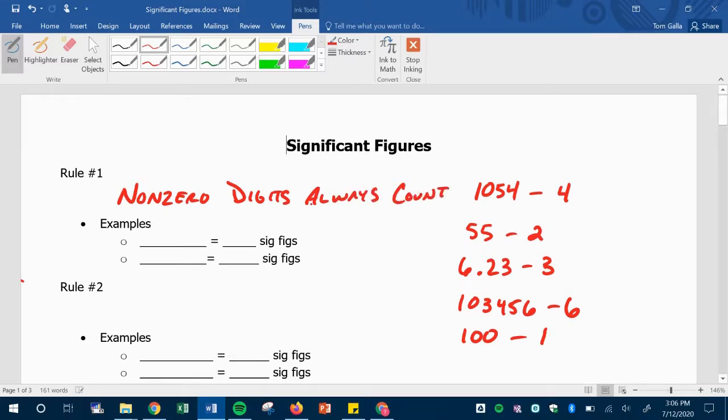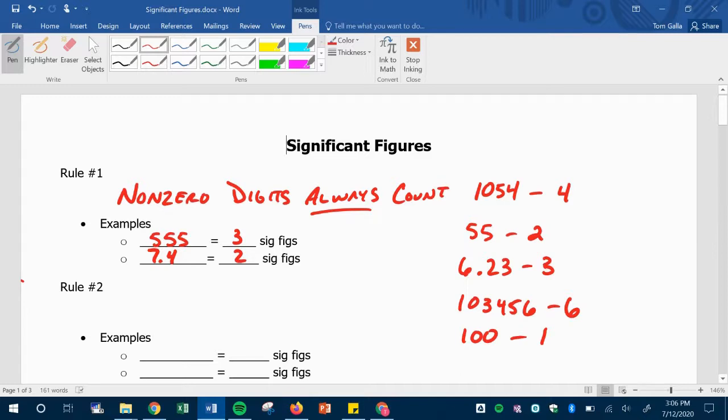And so when we say non-zero digits, we mean basically 1 through 9. Any of those numbers always count. So for example, 555 has 3 significant figures. And 74 is 2 significant figures.